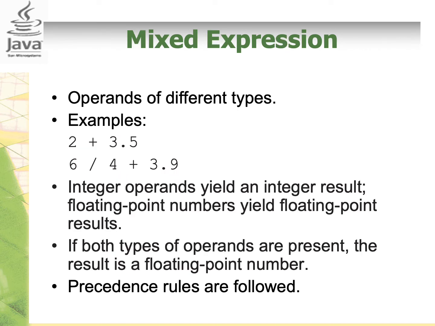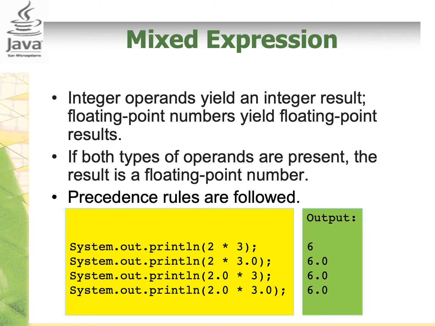Mixed expressions. What would happen when our operands or numbers are of different types? For example, 2 plus 3.5, or maybe 6 divided by 4 plus 3.9. When we have at least one floating point number, or decimal point value, we will get the result also in floating point. Integer operands yield an integer result. For example, 2 times 3 is equal to 6.